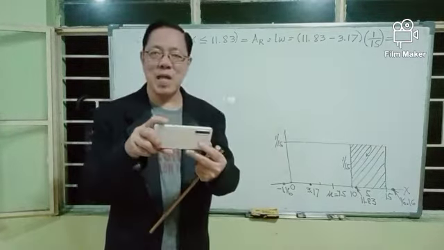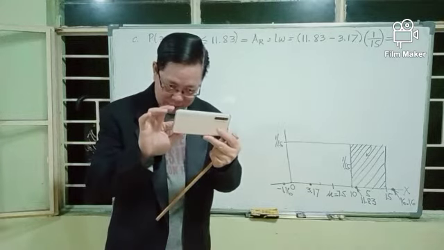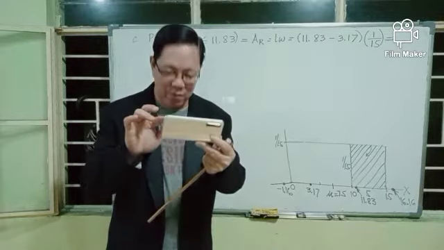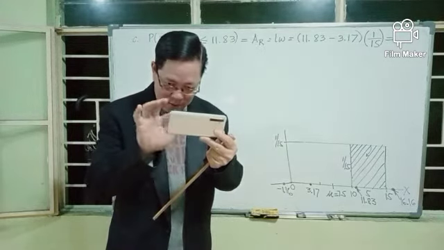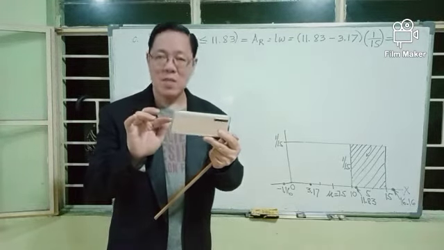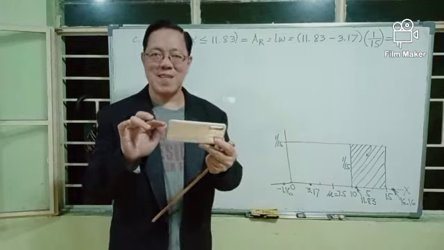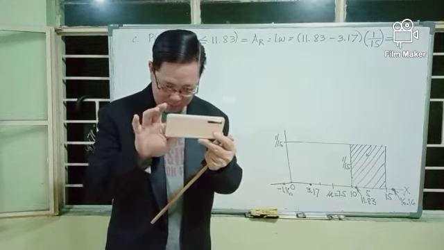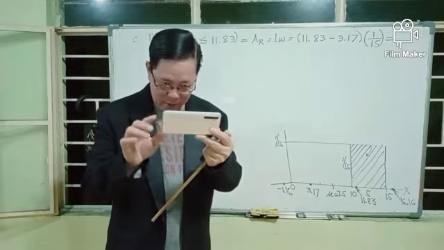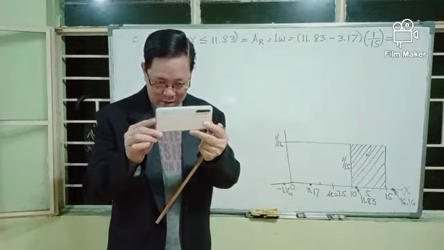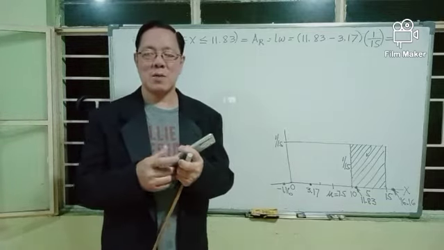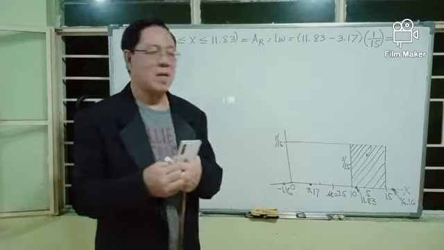Again, we compute 11.83 minus 3.17. We get 8.66. We divide by 15. And to two decimal places, that's 0.58.